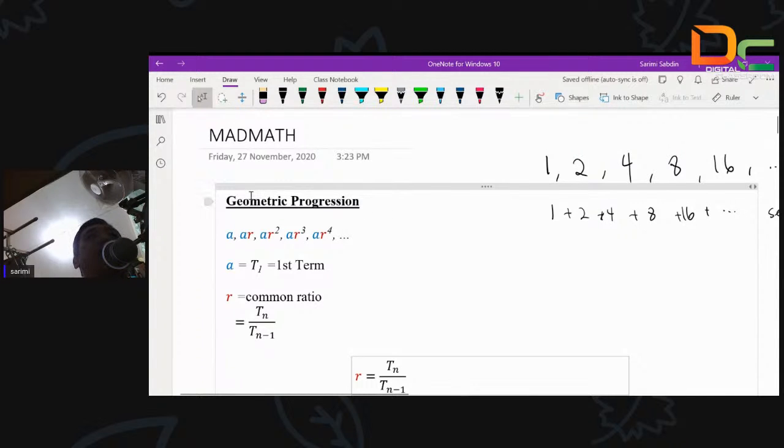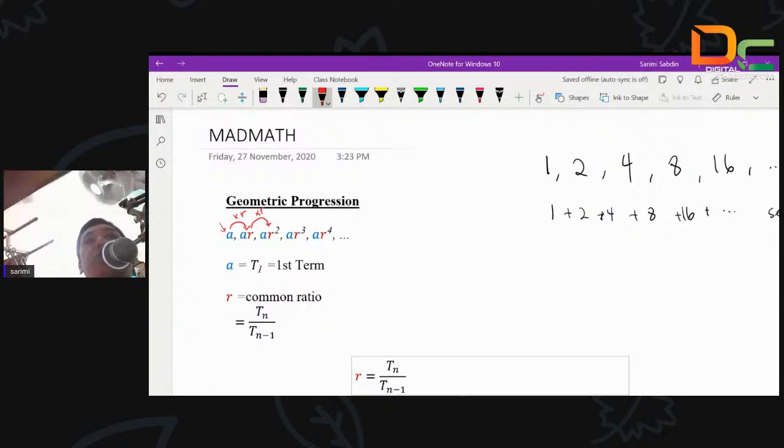Alright, so basically a geometric progression is when, for the first term to become the second term, we need to multiply by something. For example, A is the first term, so to become the second term, we need to multiply with R. And to get the third term, we multiply the second term with R. So R is what we call the common ratio.